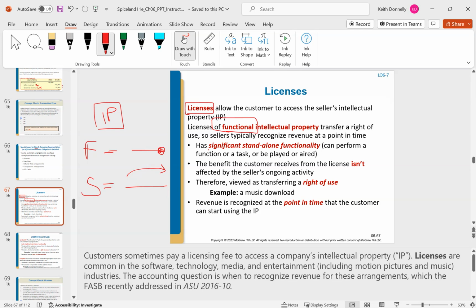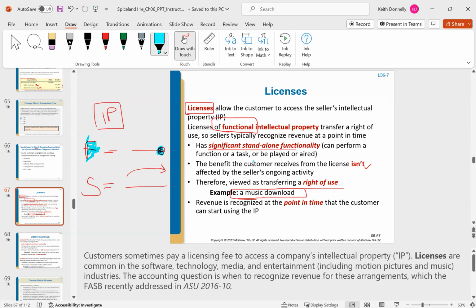Functional intellectual property is when it has significant standalone functionality. What we do isn't going to really affect the seller's usage of it, and we're transferring a right of use. So for example, a music download would be functional IP. Whenever we sell or license that, we will recognize that revenue at a point in time.